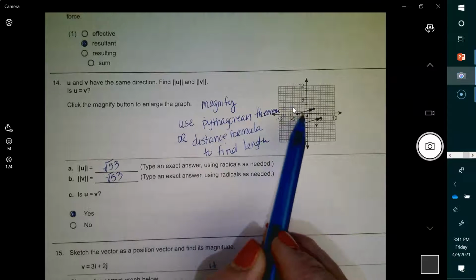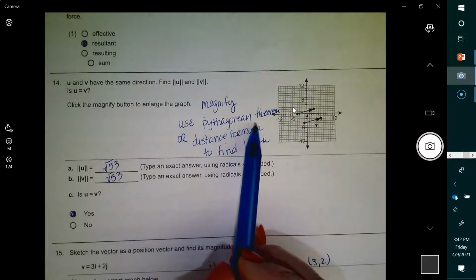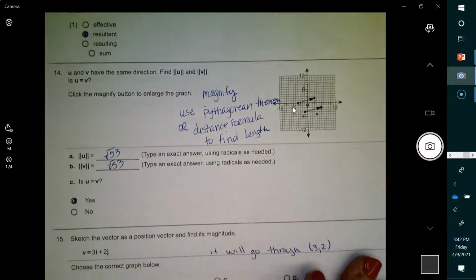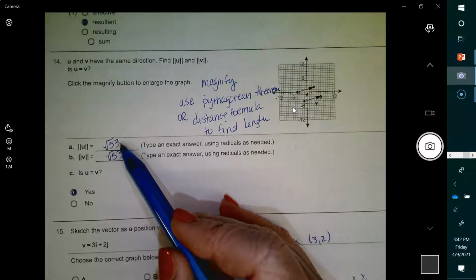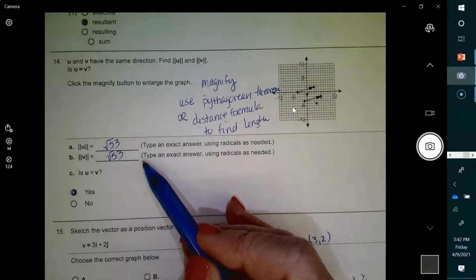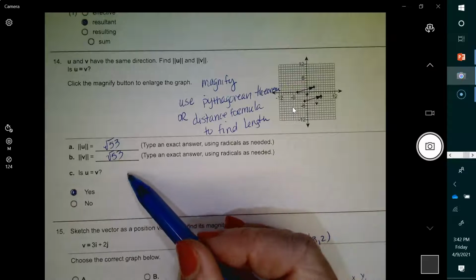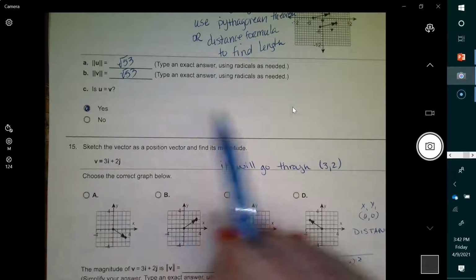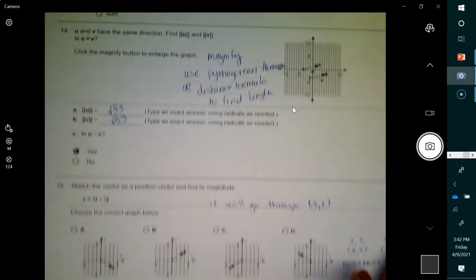You can magnify to enlarge this graph, but you're basically using the Pythagorean theorem if you make this into a right triangle, or you're using the distance formula to find the length. So you are going to have the square root of 53 for each of those vectors. Are they equal? Yes, they are. They have the same magnitude, and they're going in the same direction. You can also count out the slope from there.